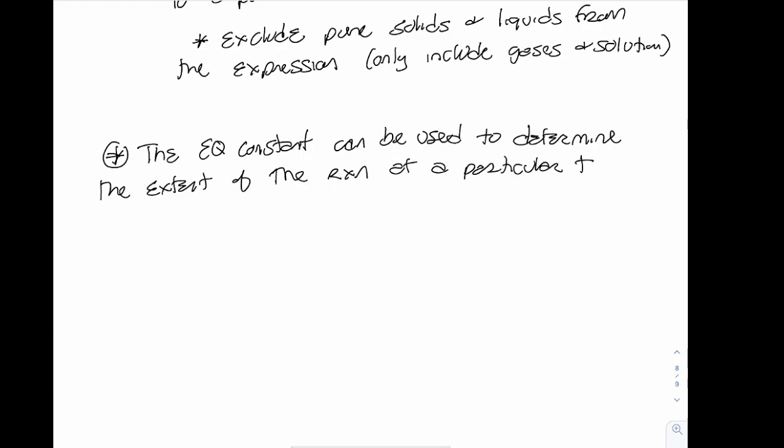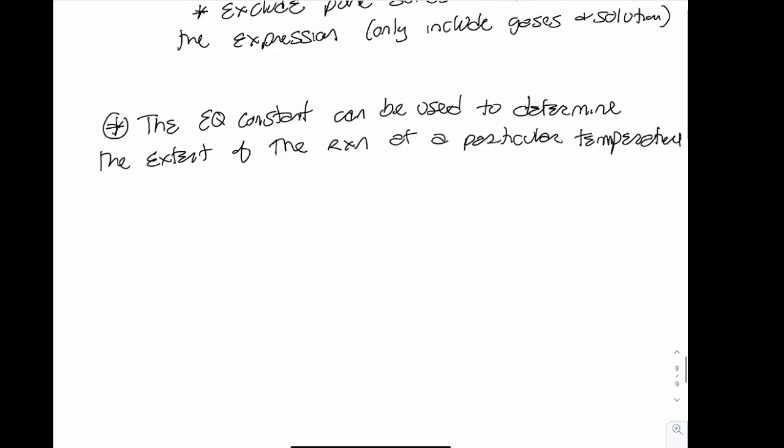And by extent, do I mean, is it mostly products? Is it mostly reactants? Do I have an appreciable amount of both? Which is favored at equilibrium? So there are three possible outcomes.